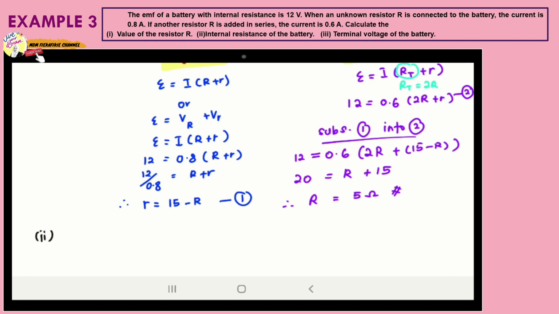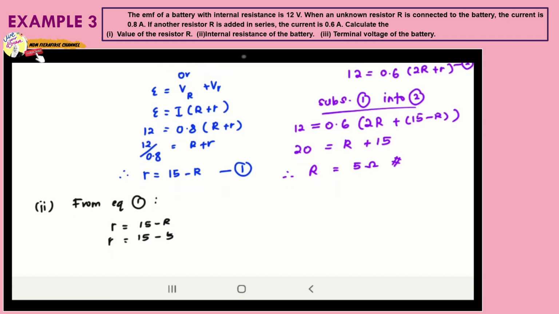From equation 1, I will write r is equal to 15 minus R, where r is equal to 15 minus 5. Since R from the previous answer is 5 ohm, we can directly calculate the internal resistance, where r is equal to 10 ohm.